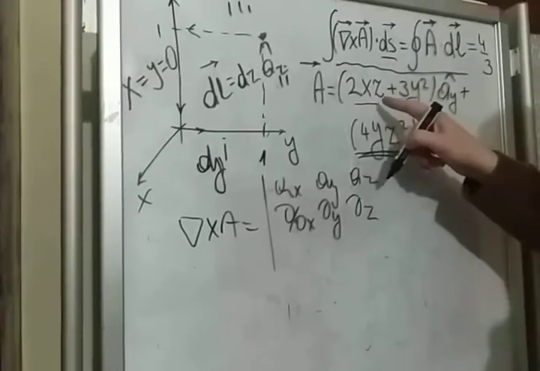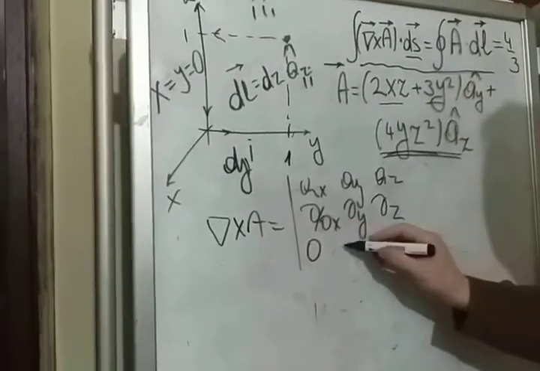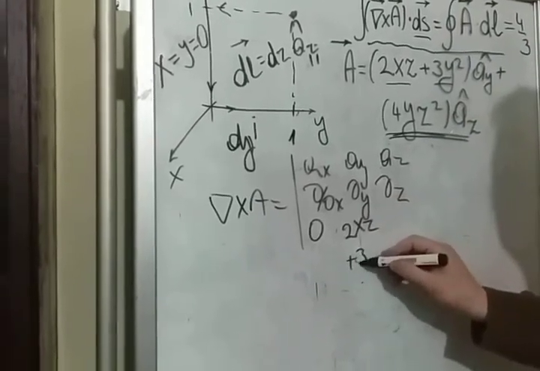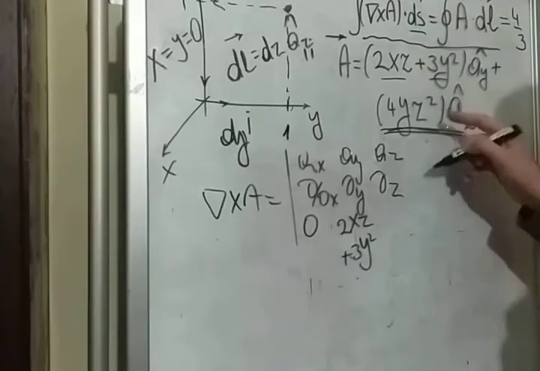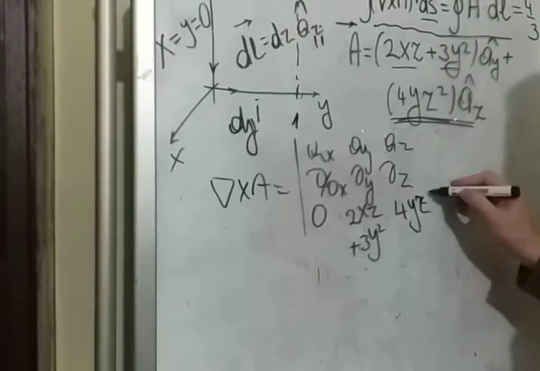And then here along the A, apparently AX is 0. AY is 2XZ plus 3Y squared. And here we get 4YZ squared.